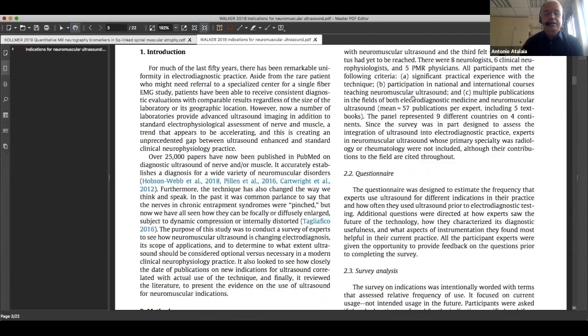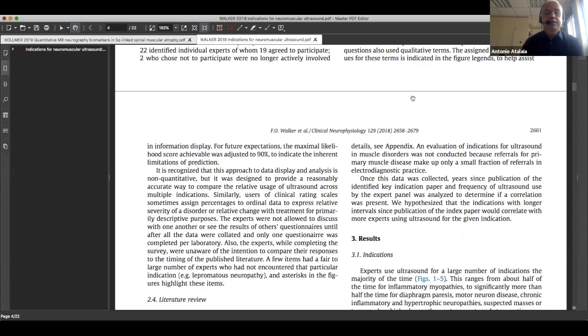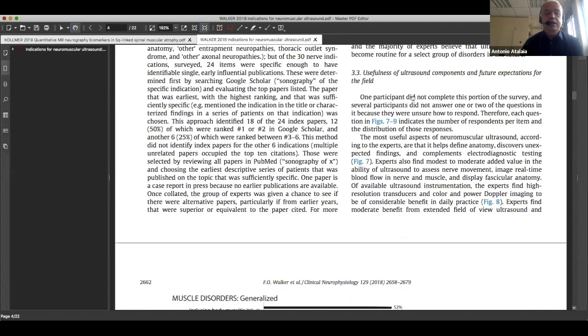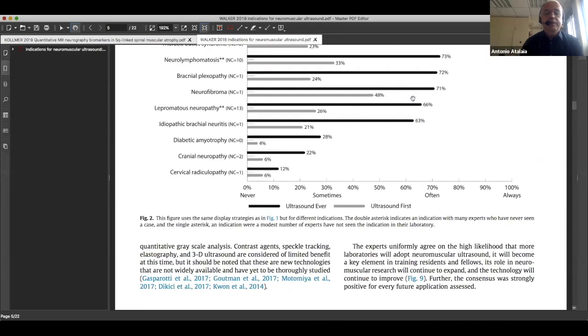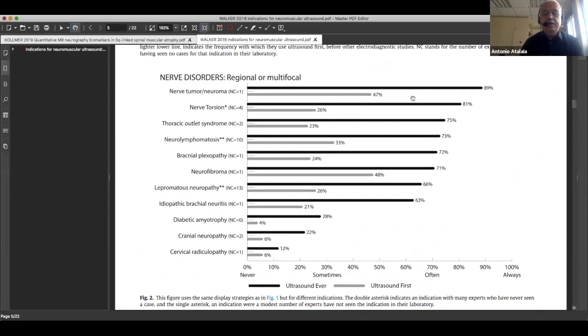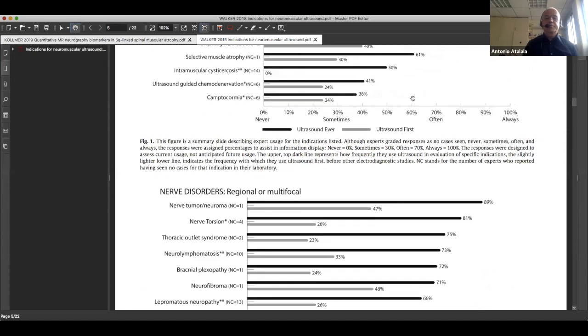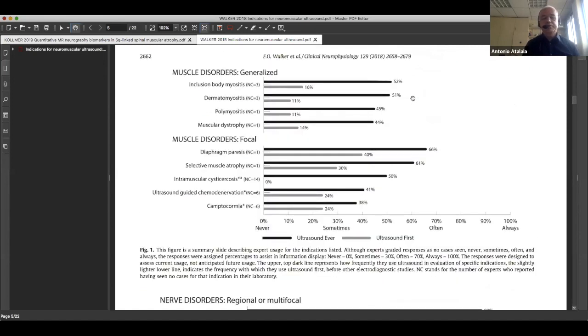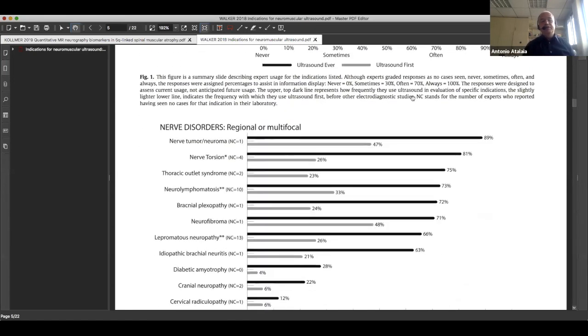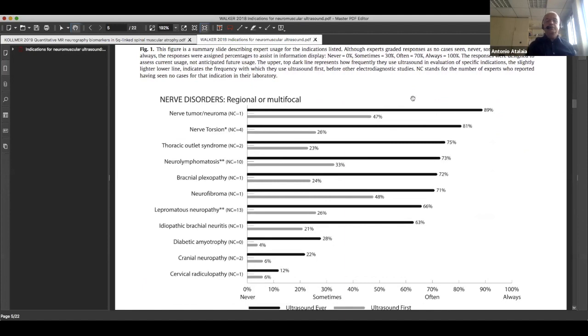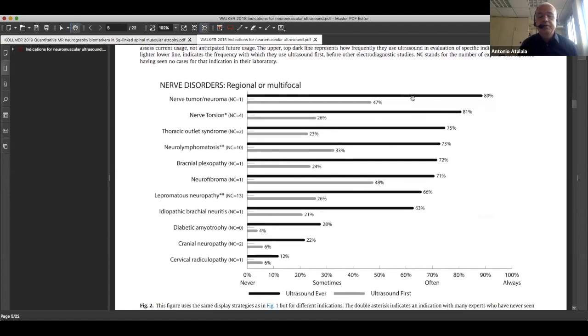And it says that in nerve disorders, you get these bars that indicate the opinion of those specialists, regarding muscle disorders that we'll skip, nerve disorders when they are regional and or multifocal. So the longer the bar, it means the more are interested in.